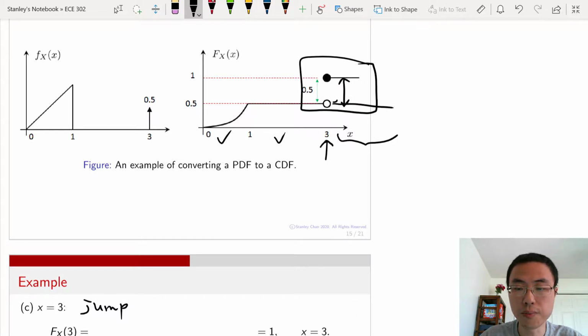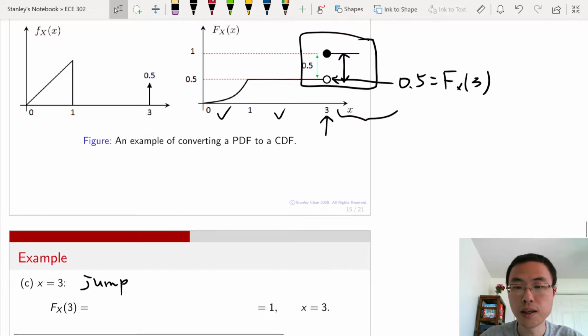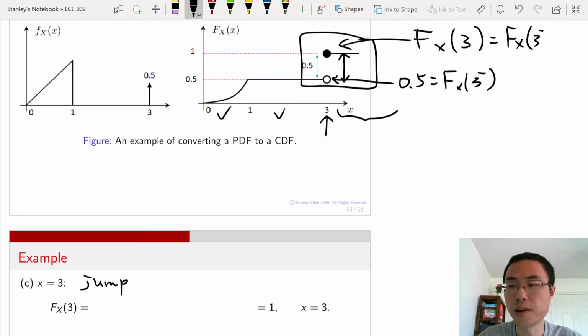Because this number is 0.5, and this is probability. This is Fx evaluated at 3. So this is 3 minus, and then this point is Fx at 3 plus, and that's also Fx at 3 plus.